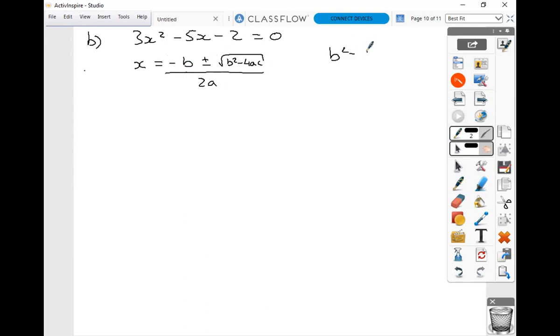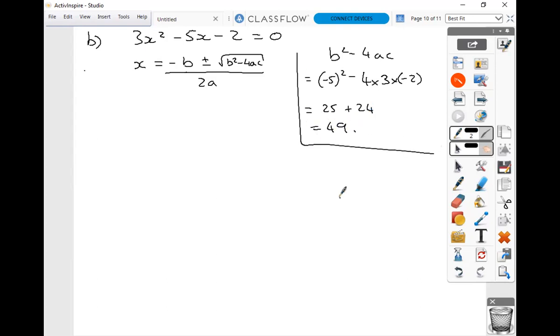I'm going to do b squared minus 4ac over here. B is minus 5 squared minus 4 times 3 times negative 2. Negative 5 squared is 25. Minus 4 times minus 2 is 8. Times 3 is plus 24. Equals 49.